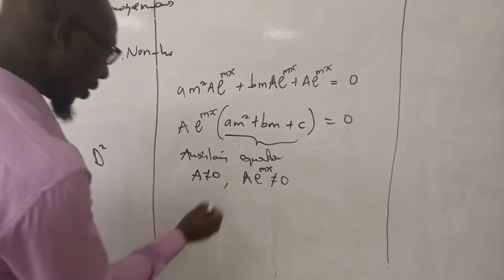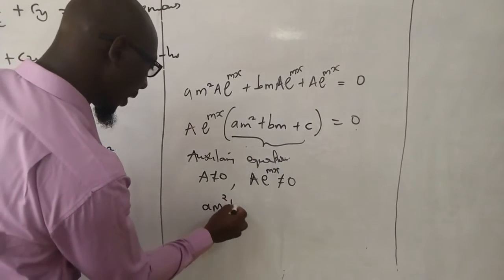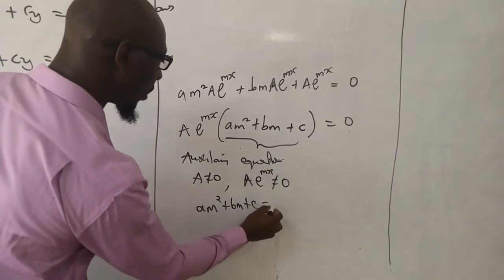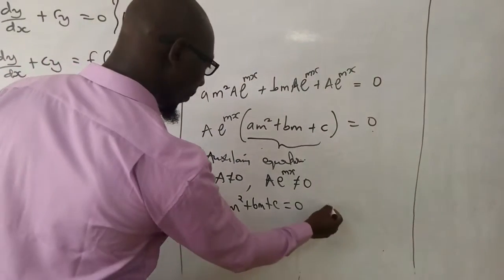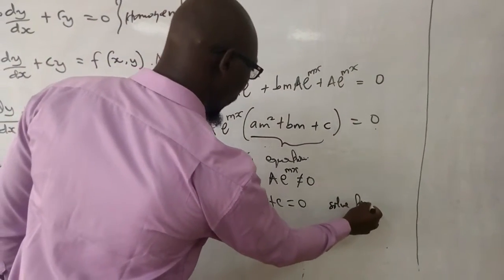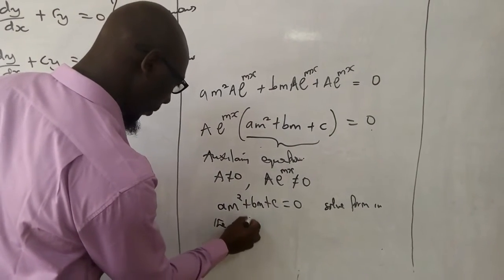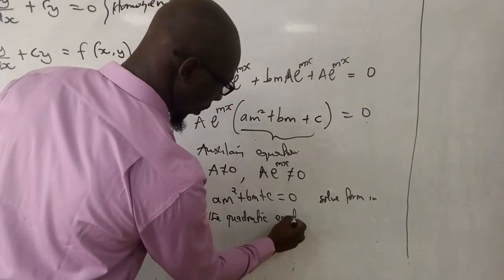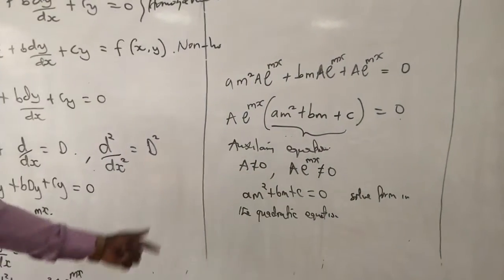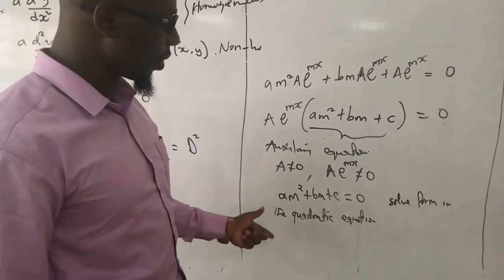It therefore implies that the only auxiliary equation is am squared plus bm plus c equal to 0. So we can solve for m in the quadratic equation.